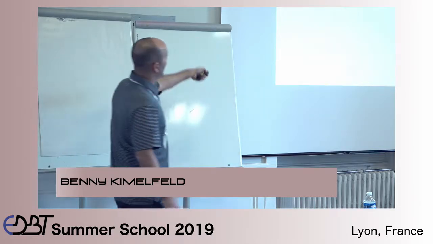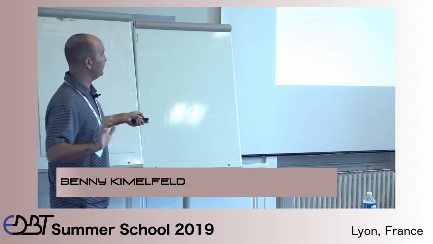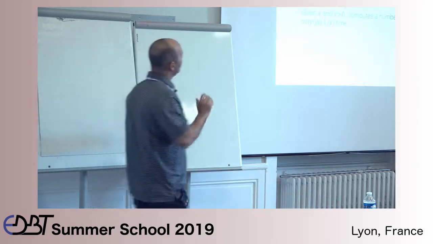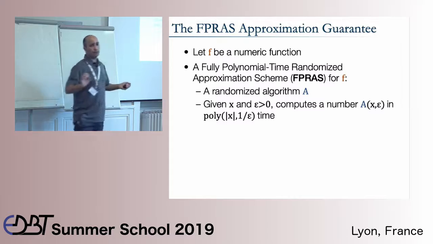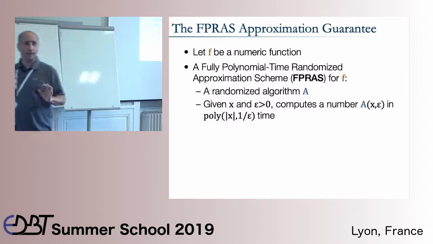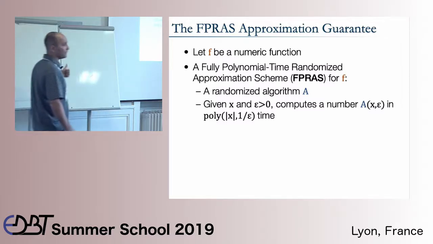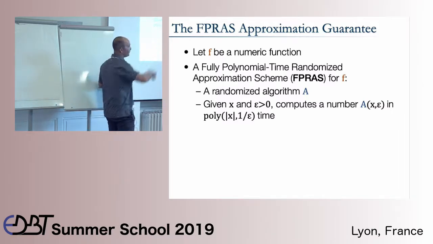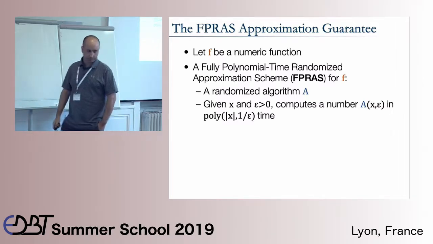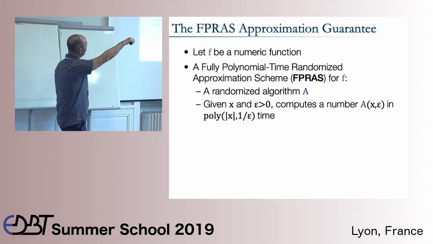Use this algorithm A, which is allowed to be randomized. The input of A is an input x of f, plus some small number epsilon. This algorithm A is required to terminate in polynomial time, not only in the size of x, but also in 1 over epsilon. That's the fully polynomial time scheme part.